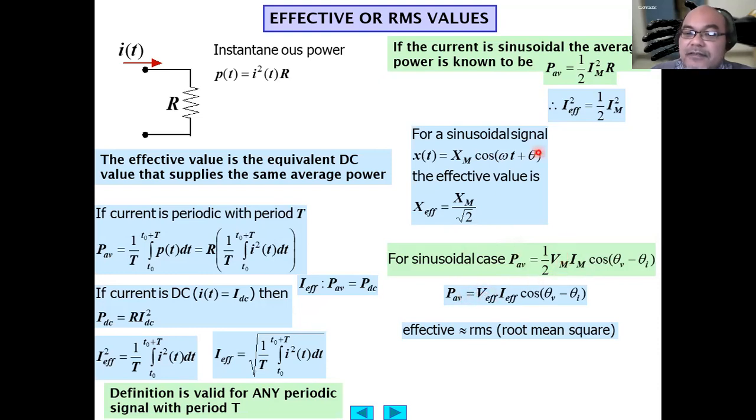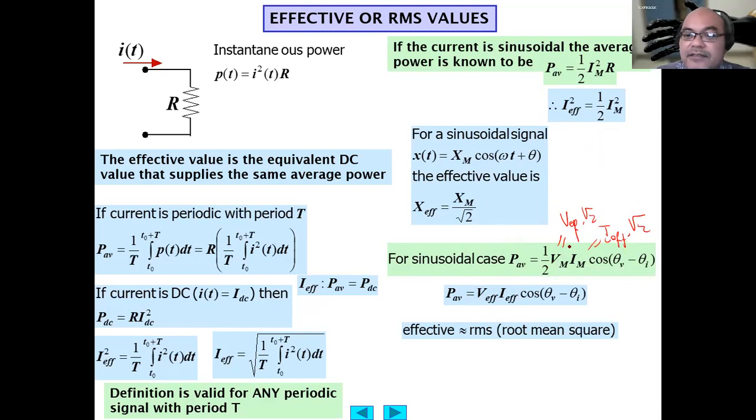Vm here equals V effective times square root of 2, and Im here equals I effective times square root of 2.